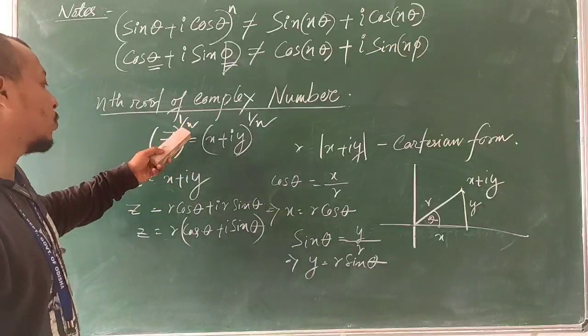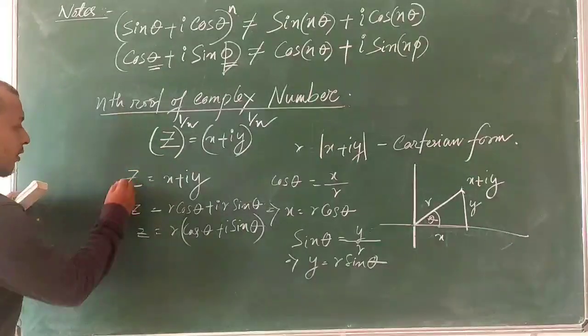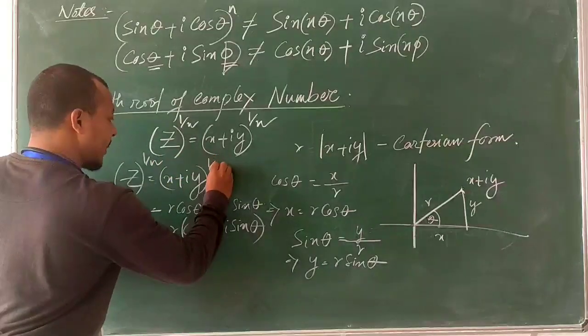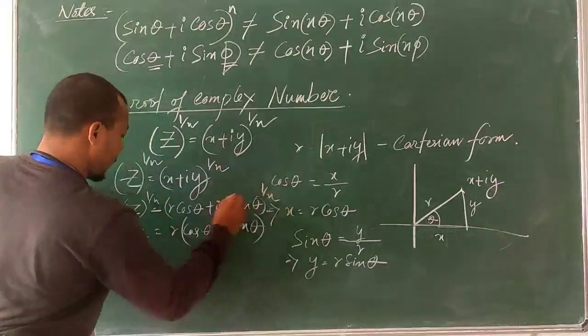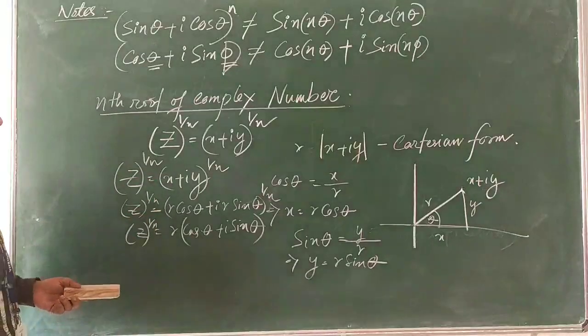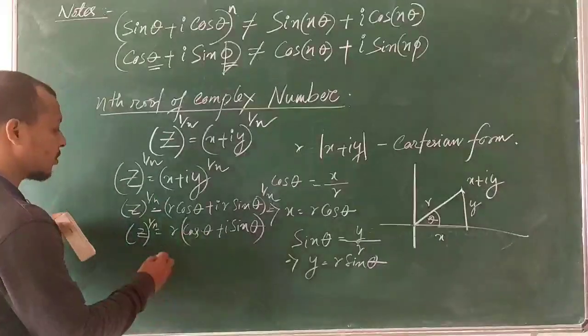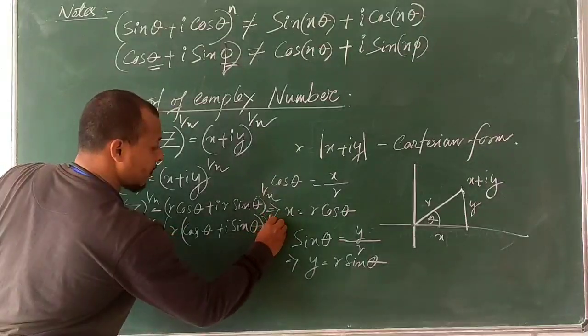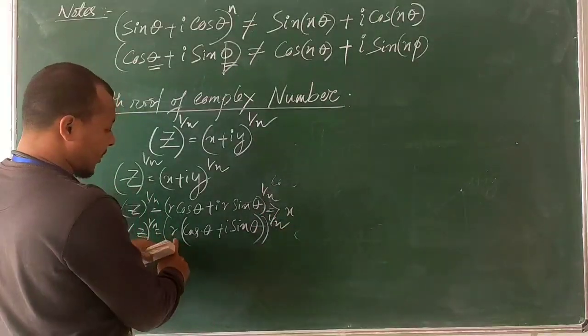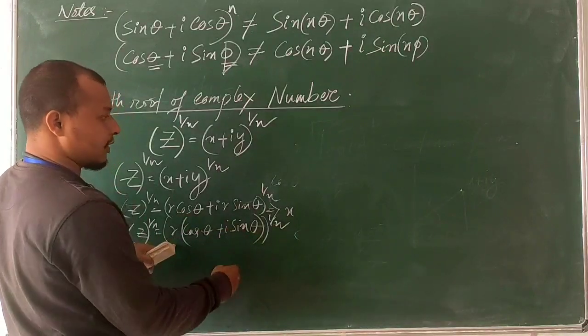Now we have to find the nth root of this complex number, so we take the power 1 by n. All these steps are logical and the same. So r to the power 1 by n, into cos theta plus i sin theta to the power 1 by n.